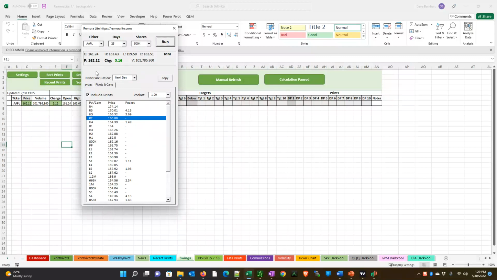The way that pivots and cams are calculated, it's a combination of the high, the low, and the close for the day. But if we estimate the pivot calculation for the next day, it's the high, the low, and the current price, because your current price at some point will become the close because you run out of time for the day. So it just switches from current price to closing price.